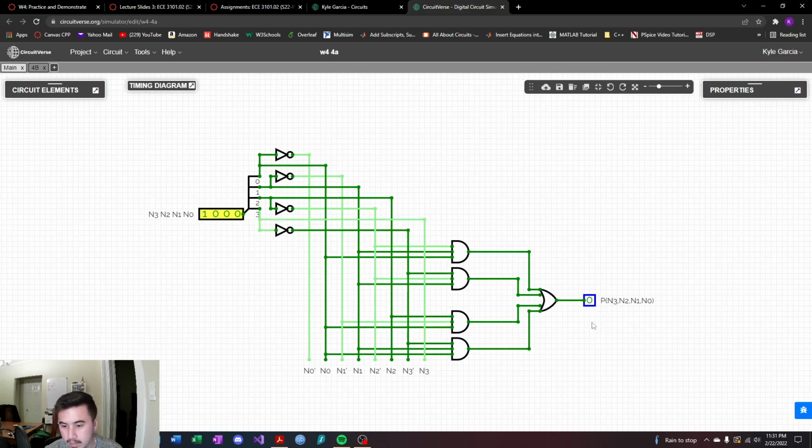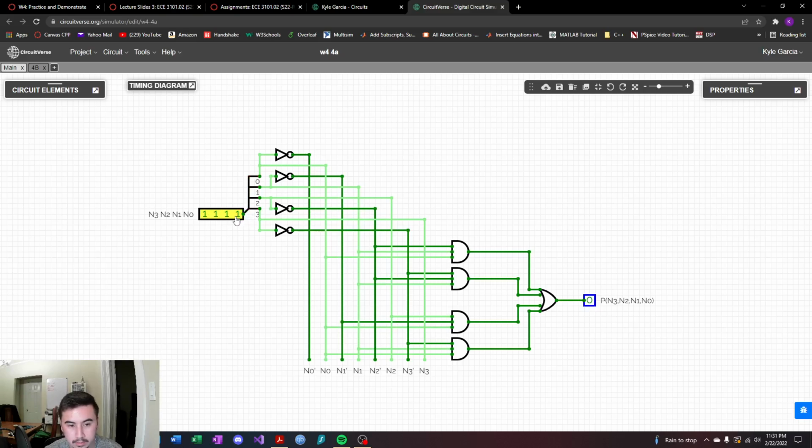At 8, there is not. 9, nope, once again. Then 12, no. But 11, there is an output. So going back to 12, once again no, but 13, I'm sorry, 15, this is 15. 15 is not a prime number, but 13 is a prime number, as we can see here.